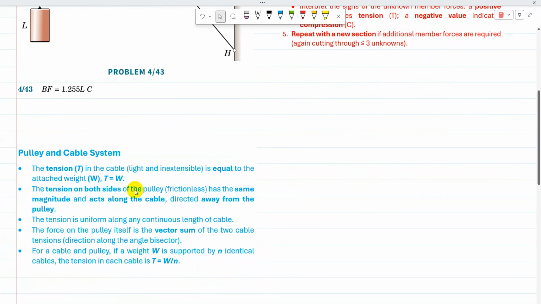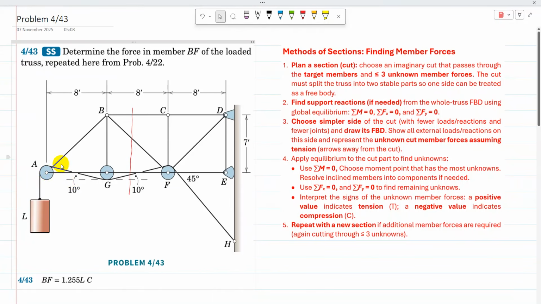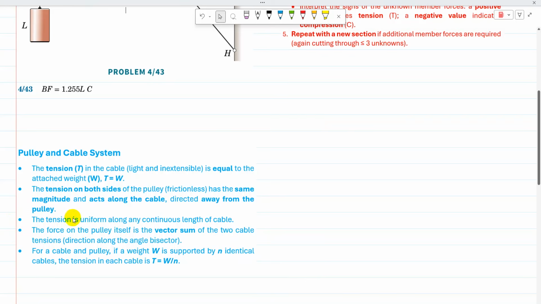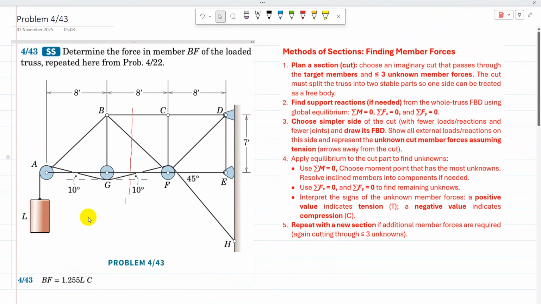The tension on both sides of a pulley has the same magnitude and acts along the cable directed away from the pulley. The third fact is that the tension is uniform along any continuous length of cable. The tension along all that cable is the same, and that is equal to L.